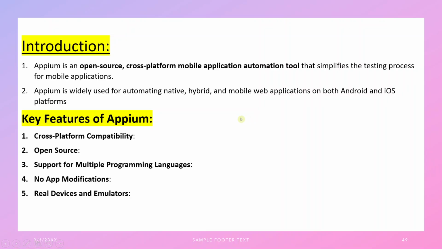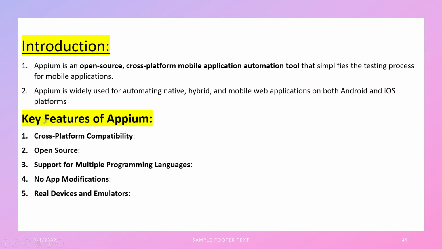Native applications are like our calculator and contacts. Mobile web applications are like Amazon.com and Flipkart.com. We can test these native, hybrid, and mobile web applications on both Android and iOS platforms. That's why it's called a cross-platform mobile application automation tool.